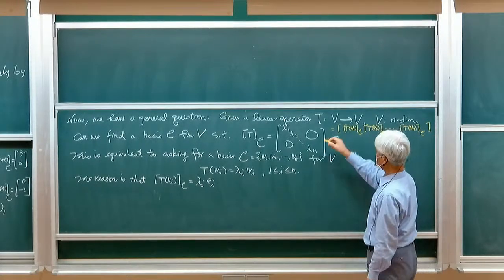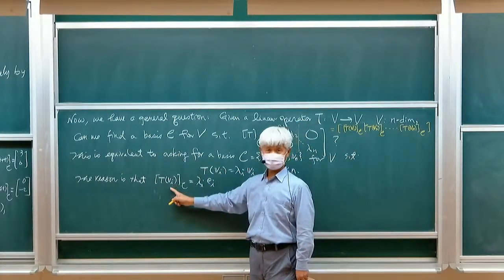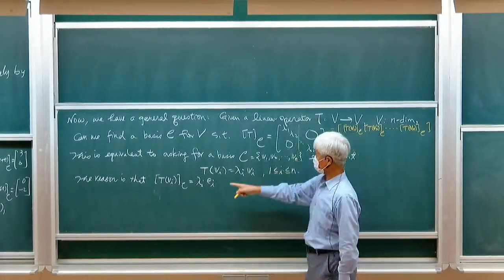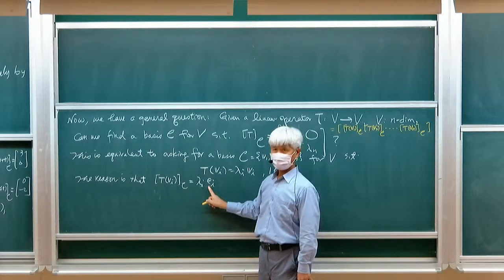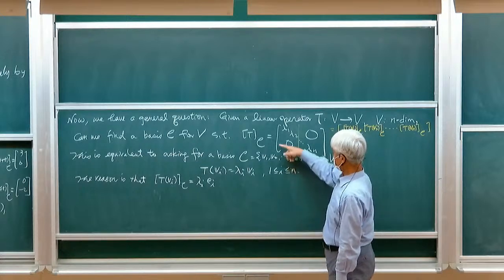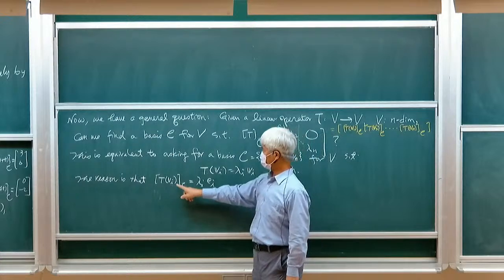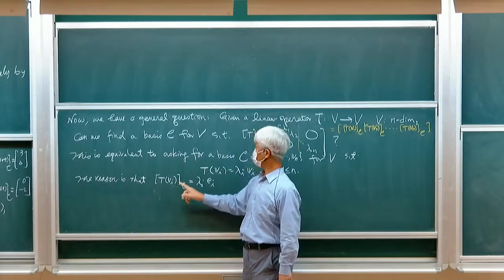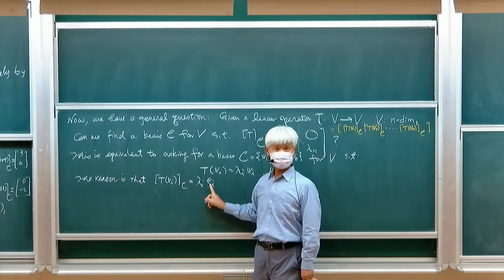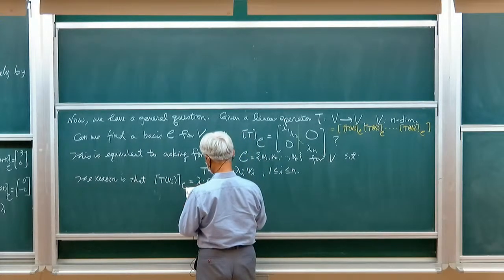Okay? So the ith column vector, because the coordinate of T(vi) is equal to this, the ith column is just lambda i times ei. All right. So to have a diagonal matrix representation, if and only if the ith column of this matrix representation is equal to lambda i times the standard unit vector ei. But this is if and only if, okay.